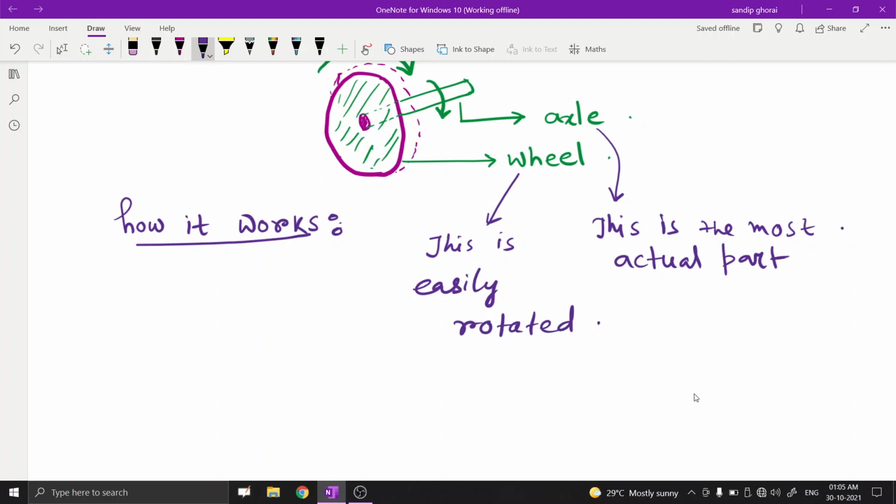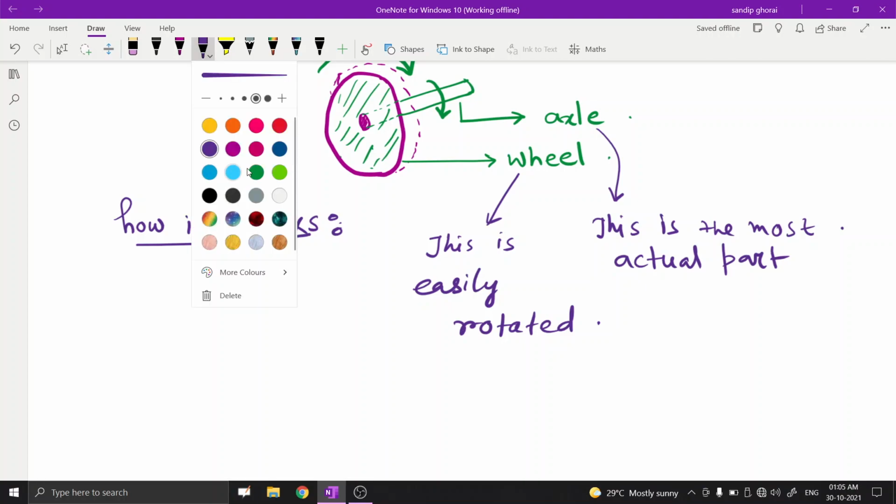When an effort is applied on the wheel, it easily makes the fixed axis rotate with it.